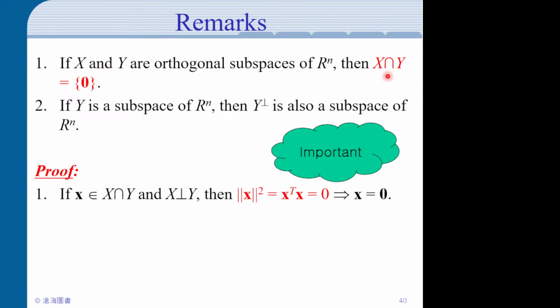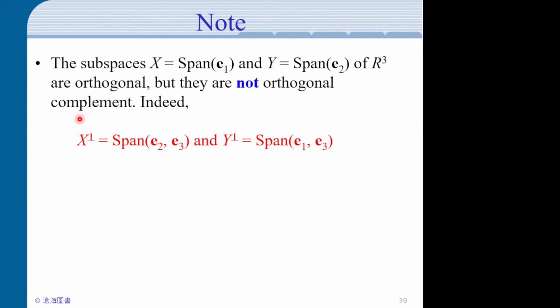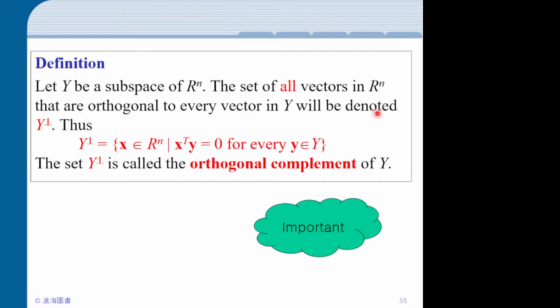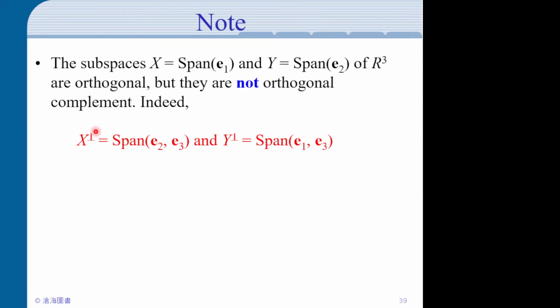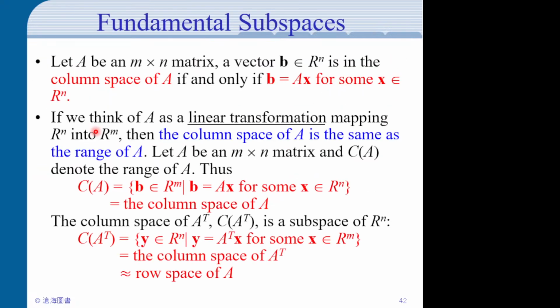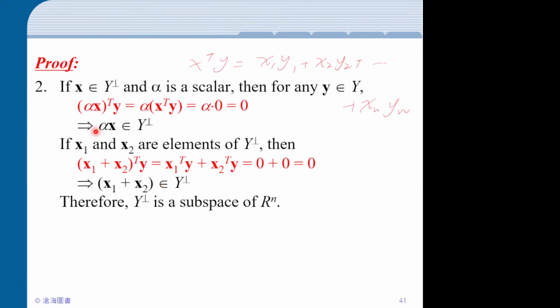That's just because the intersection would need to have inner product with itself being 0, which means it has to be 0. And then we prove that the orthogonal complement is actually a subspace. We've been talking about the orthogonal complement as if it's a subspace, but now we actually prove it. Okay, so let's review from last time. Any question?